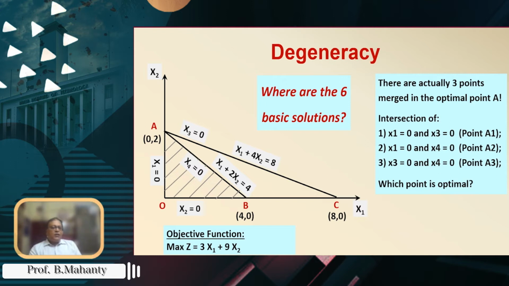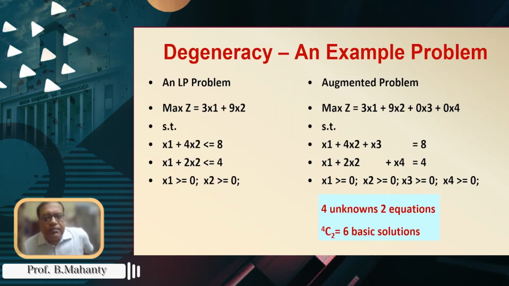What are these? If you go back to the augmented problem, so this is our augmented problem. You can see that there are 2 unknowns and there are 2 slack variables. So there are 4 different unknowns, and this line x1 plus 4x2 equal to 8 can also be said as x3 equal to 0. And this line x1 plus 2x2 equal to 4 can also be said as x4 equal to 0.